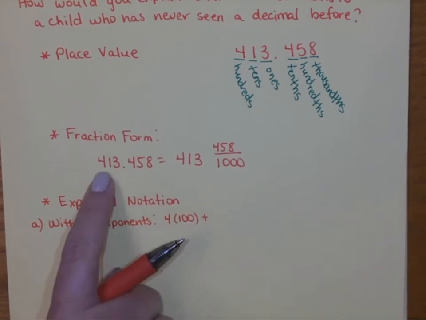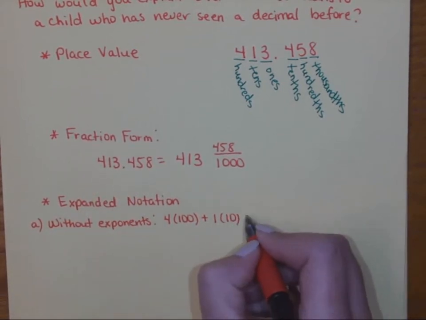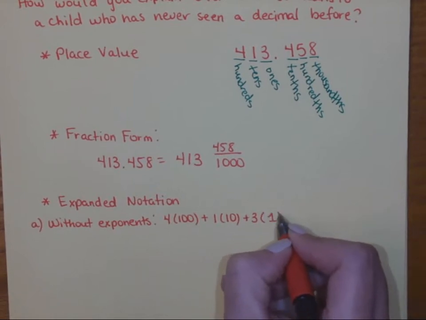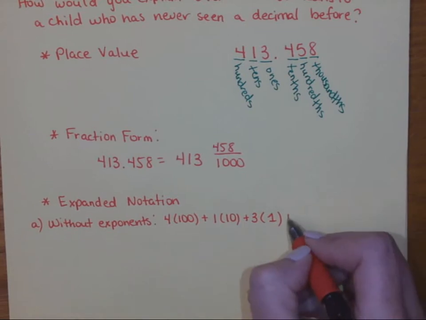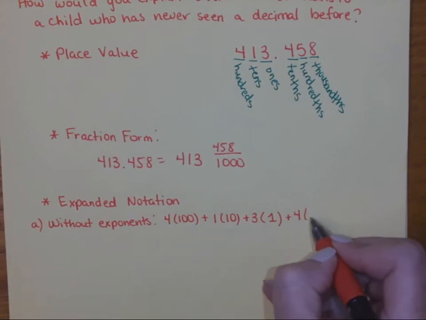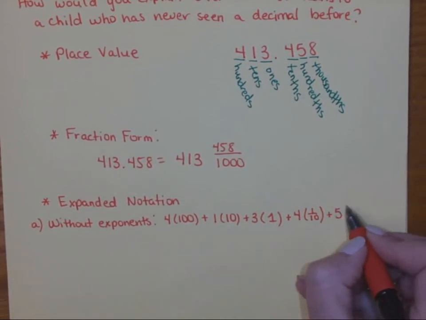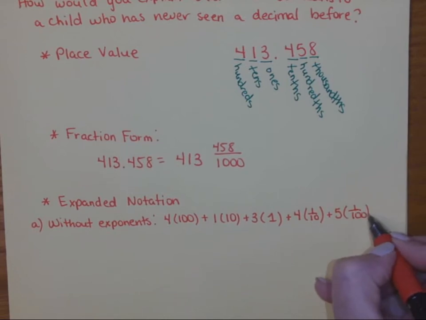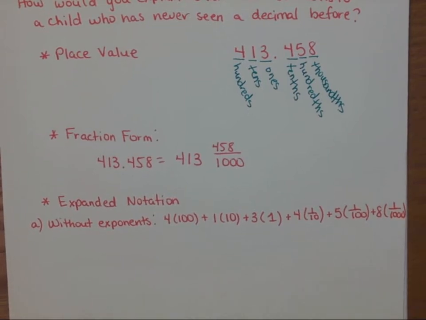So the value of the 4 in this spot is not just 4, it's 4 hundreds, right? 1 in the tens place, a 3 in the ones place, and then once you get past the decimal, we start having partial wholes, right? So we have a 4 in the 1/10 place, so it's literally a tenth, 1/10. We have a 5 in the hundredth place, and then last but not least, an 8 in the thousandth place. It's important to put that th at the end of it.